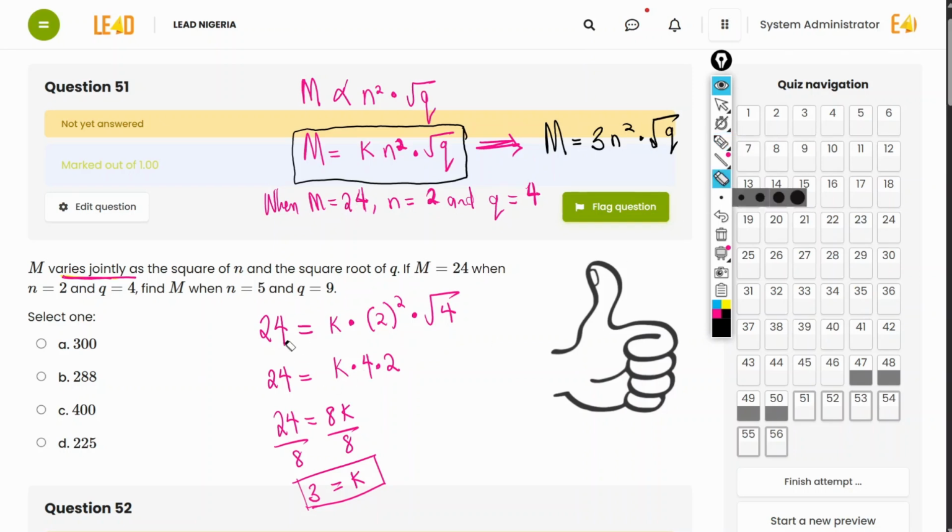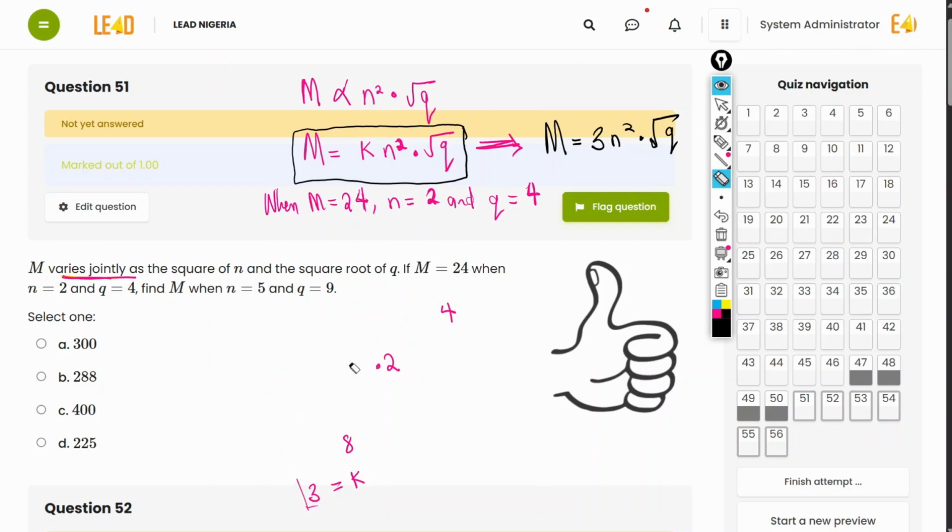We can use this to solve for anything else. So we have m is equal to 3n squared times root q. Find m when n is 5 and q is 9. So m would be equal to 3 times 5 squared times the square root of 9.